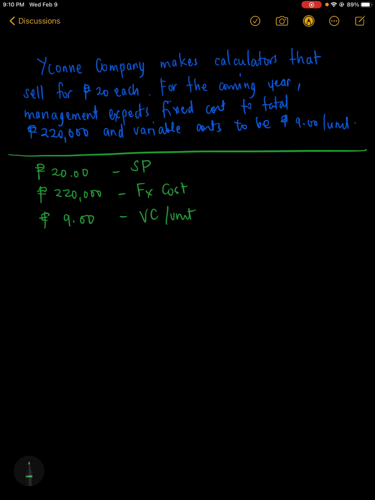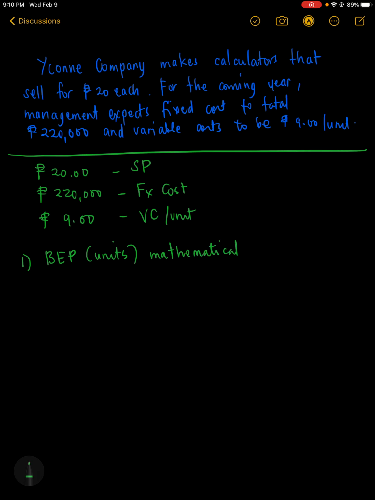So let us say we are asked to compute for the break-even point in terms of units, and we are asked to compute it using the mathematical equation.